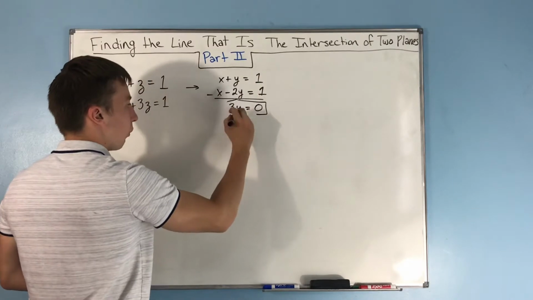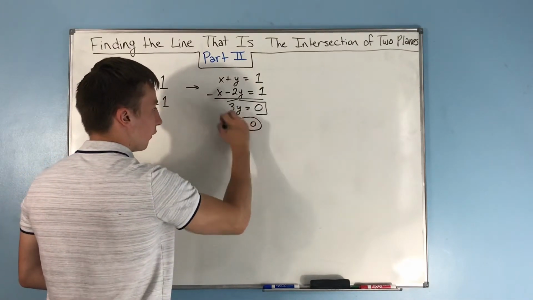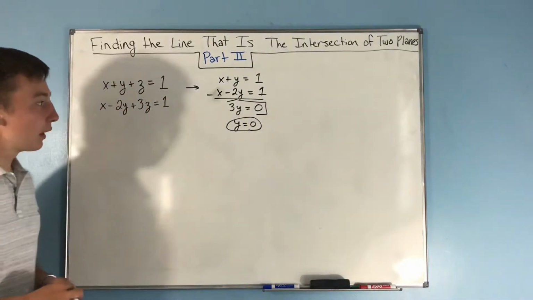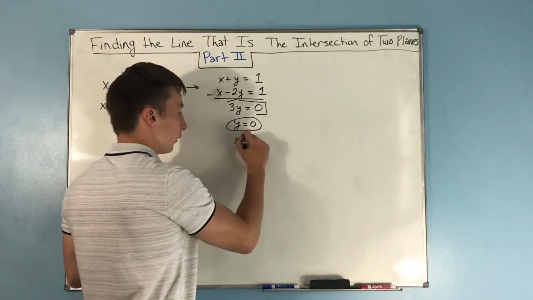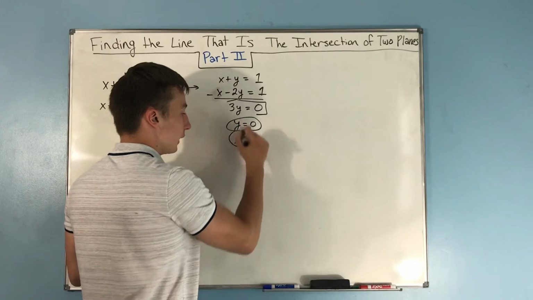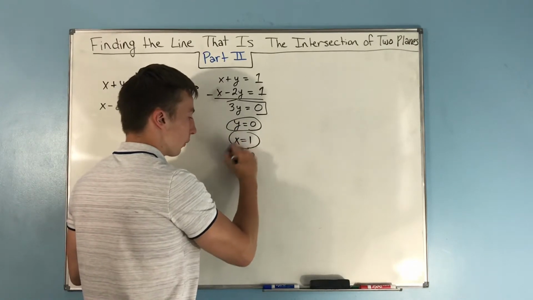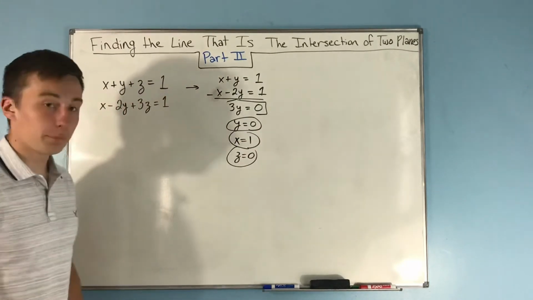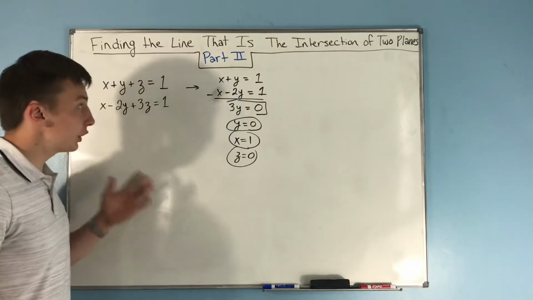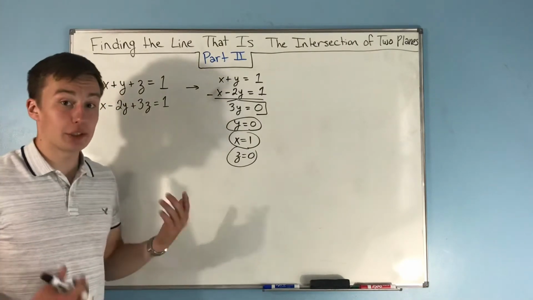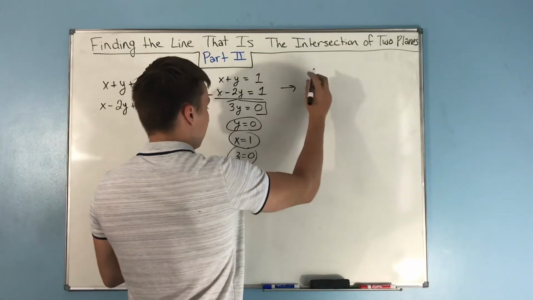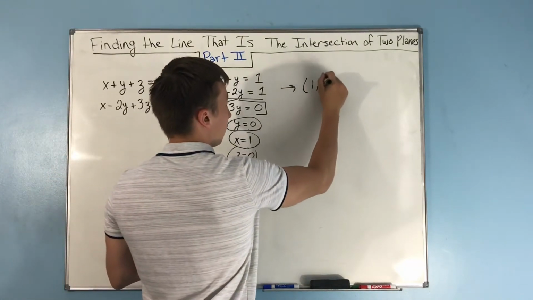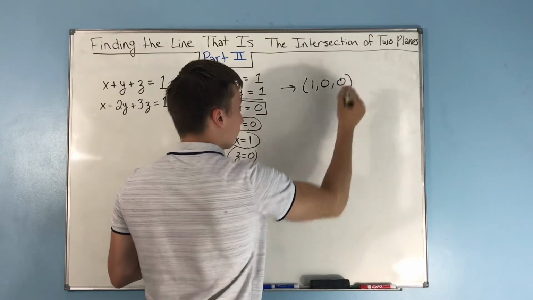So y equals 0. That's what I'll circle right there. If y equals 0, that means that x equals 1. And we already said that z equals 0 because we're on the xy plane. Having it on the xy plane is just going to help us find our point. So we end up with the point 1, 0, 0.